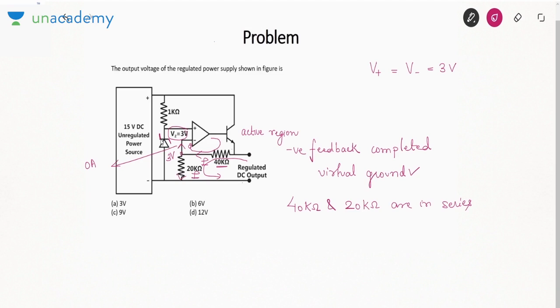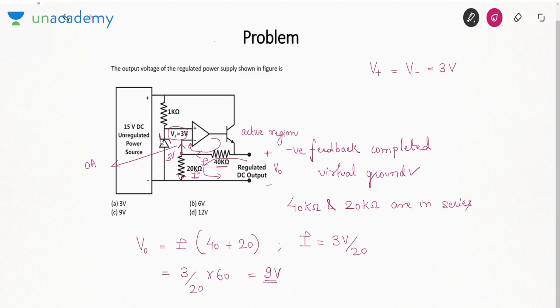If they both are in series, how can we find V0? V0 is simply I into (40 plus 20). What about I? I is simply 3 volt by 20. So 3 by 20 into 60, that is 9 volt. So the output voltage will be 9 volt.